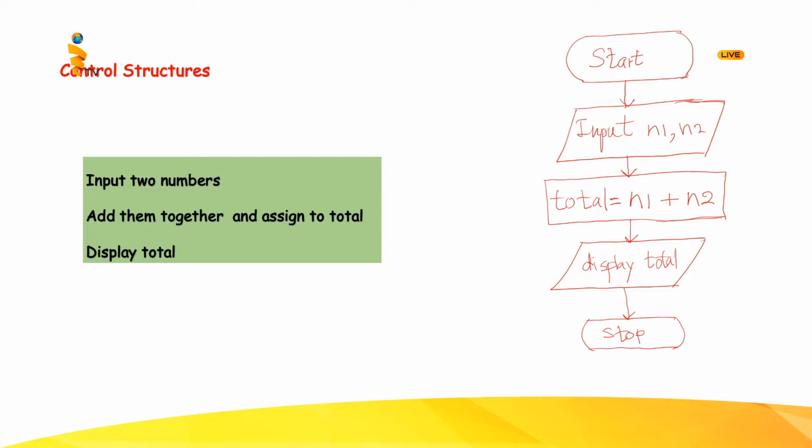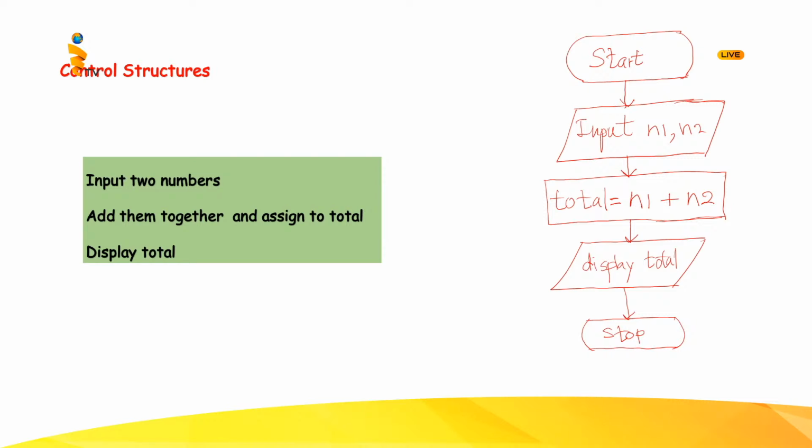Now, see, I have start and stop. Then my input is given, input 2 numbers or input n1 and n2. Total is there, addition is stored in total, and I am going to display total, and this is the way I have indicated my termination or stop. So this is the way you have to represent an algorithm using a flowchart.